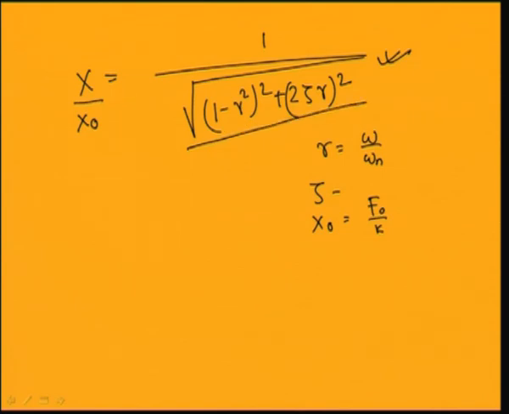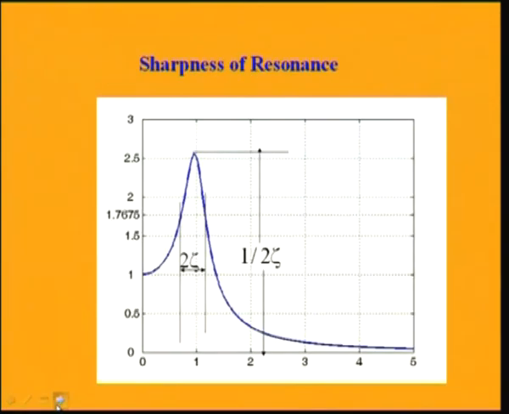By differentiating you can find the frequency at which this maximum occurs, and from that you can find the maximum amplitude of response, equal to 1 by 2 zeta. This occurs at a frequency slightly to the left of omega equal to omega n.